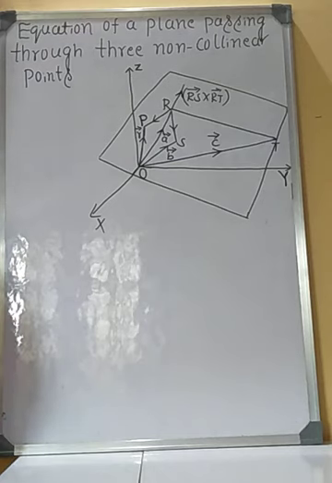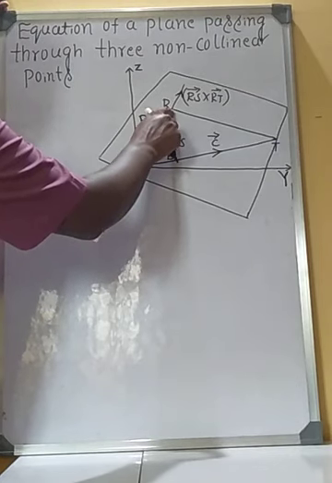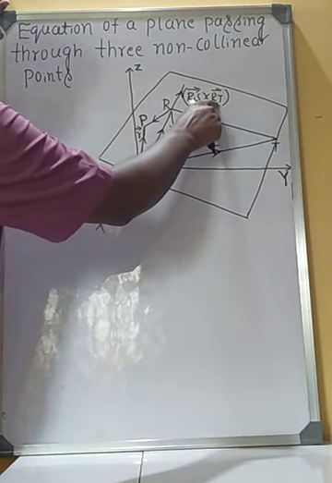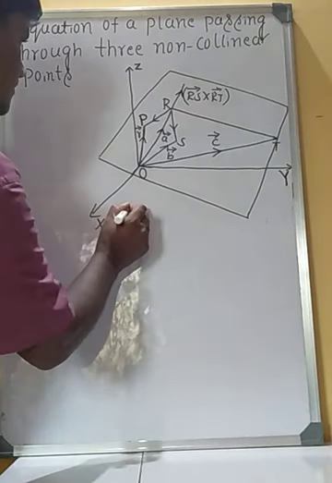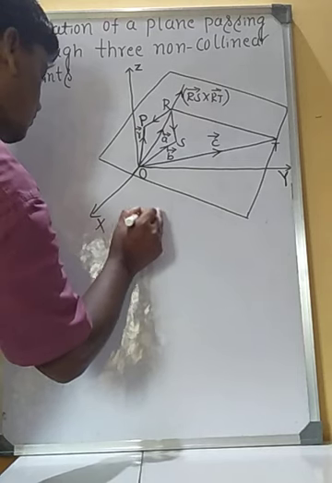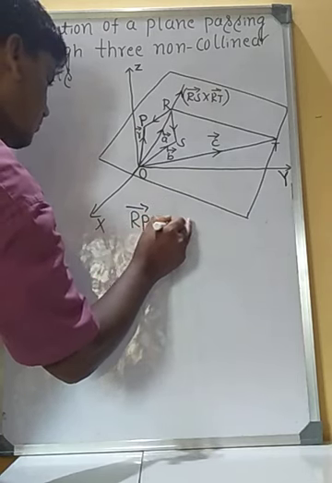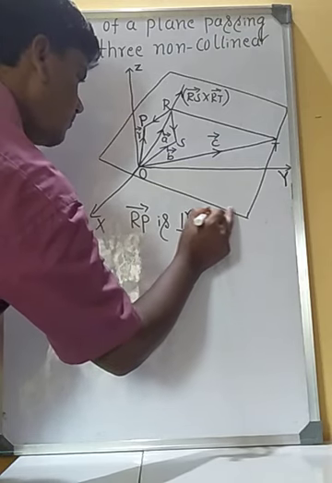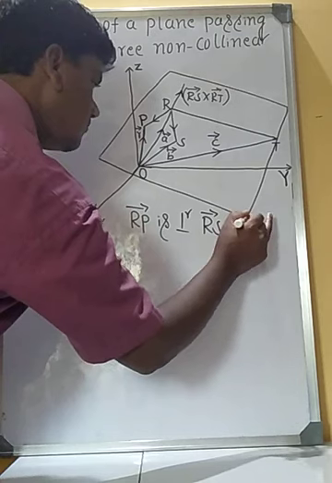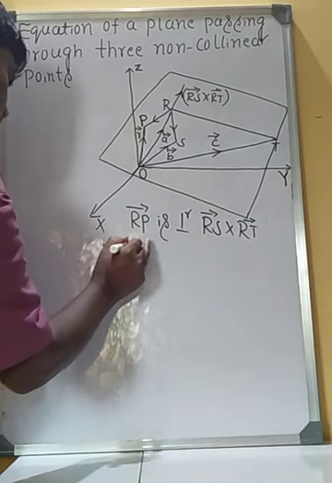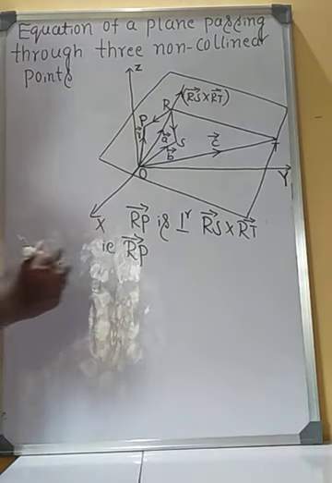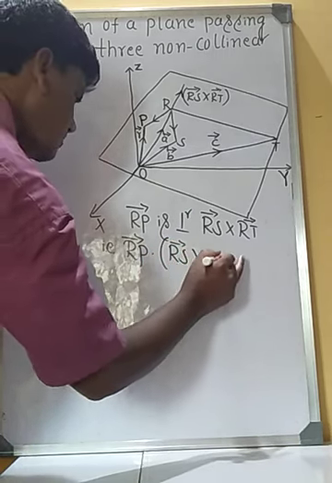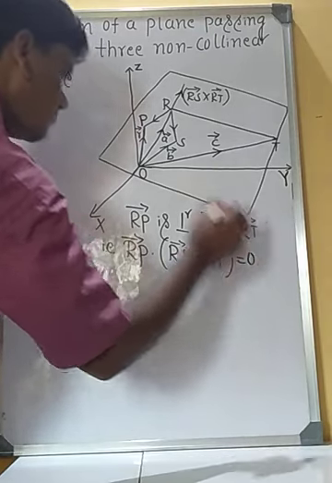The equation of a plane through R perpendicular to the vector RS cross RT is: RP is perpendicular to the vector RS cross RT, that is, RP vector dot RS vector cross RT vector equals 0.